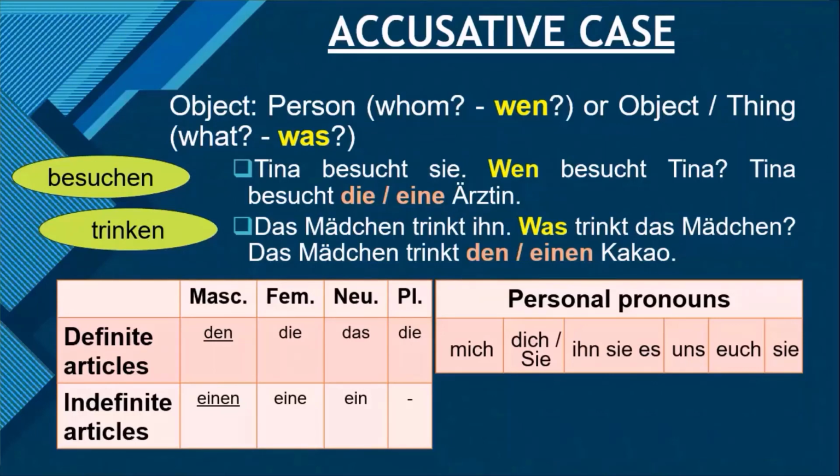So whenever I mention that a verb uses accusative case, it means that when we use the definite or indefinite articles, they will be like this, depending on the genders of the nouns. And the personal pronouns, if they're used, they will be like as I've shown you here in this table.